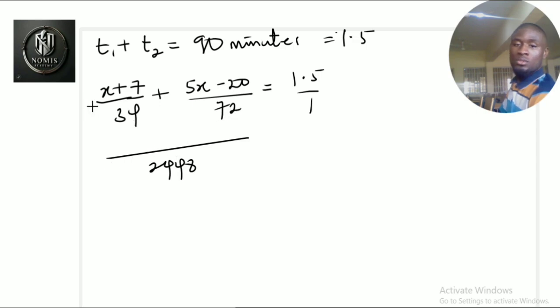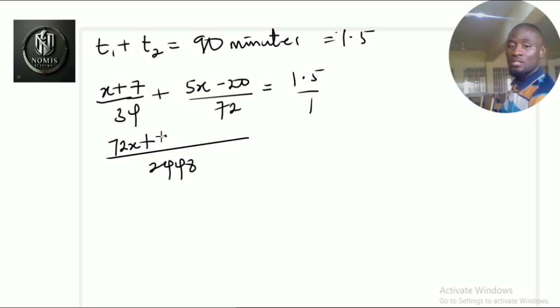So what do we do? 72 multiplied by x, that will be 72x, plus 72 multiplied by 7. So that will give us 504, because 7 times 2 is 14. We write 4, keep 1. 7 times 7 is 49 plus 1, that's 50.